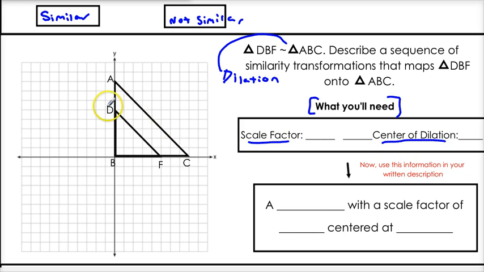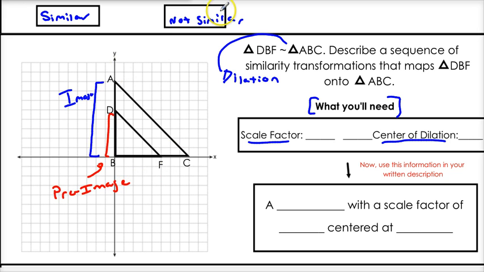Now we've talked a lot about scale factors, but we'll talk about it again. The scale factor is always the length of one of the sides of the image over the pre-image. You could pick any side, it doesn't matter what side you pick, but you have to pick a side, and you find the length of your image over the length of your pre-image.